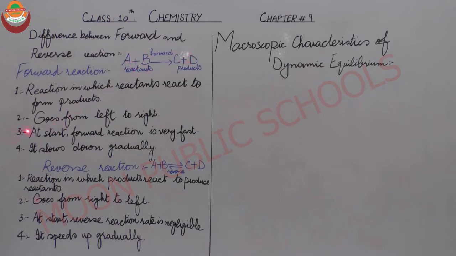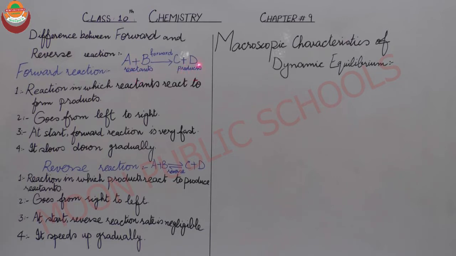The third point is at the start of a reaction, forward reaction is very fast. At the initial stage of the reaction, the rate of forward reaction is fast because there is a large amount of reactants and less amount of product. When more and more reactants react to form product, the concentration of reactants decreases and the amount of products increases.